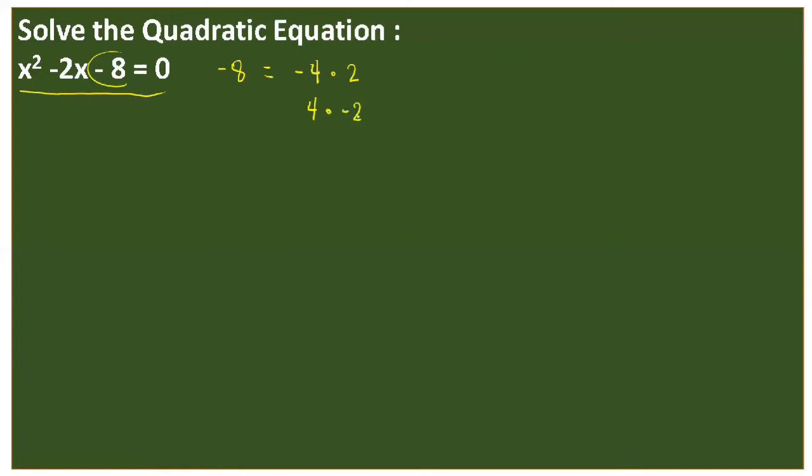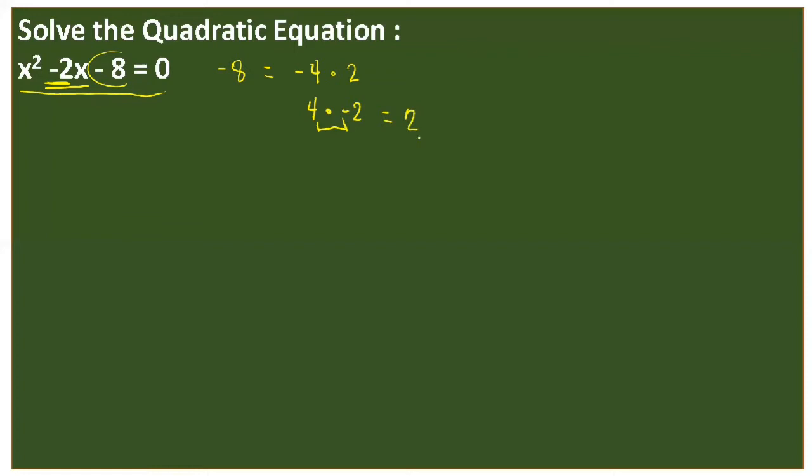To know which of the factors are correct, we need to check by adding the factors, and the sum must be equal to the coefficient of our linear term, which is negative 2. So first, let's try positive 4 and negative 2. Positive 4 plus negative 2 is equal to positive 2.